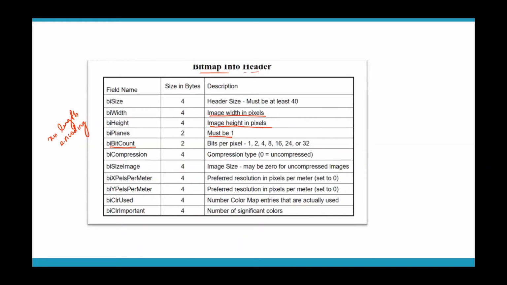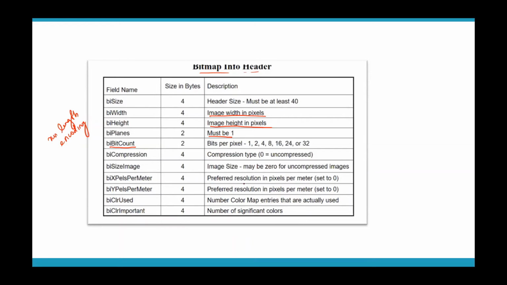Okay. Then you have another field which will tell you the image size. So it will be normally 0 for uncompressed images, and if it is 1, that means there has been some manipulation to the size of your actual image. That means it is compressed.